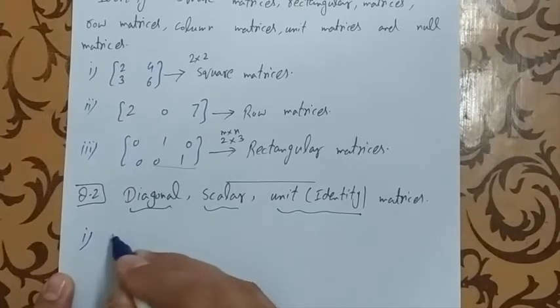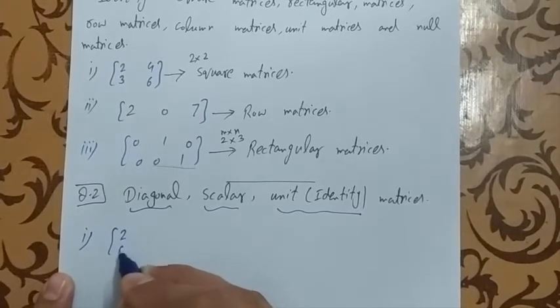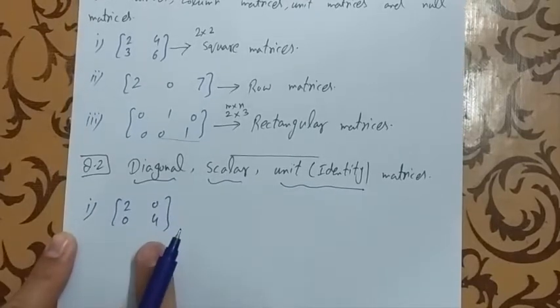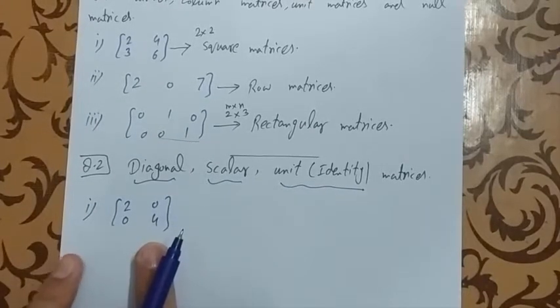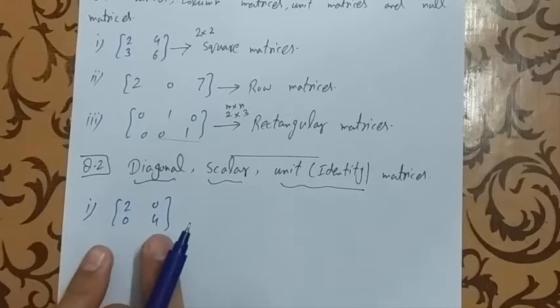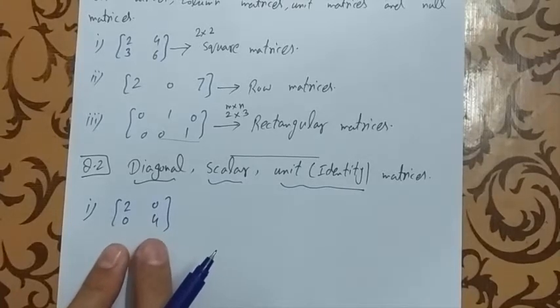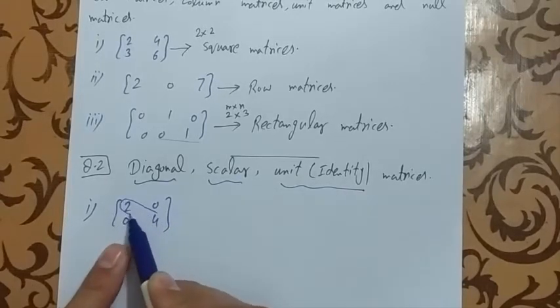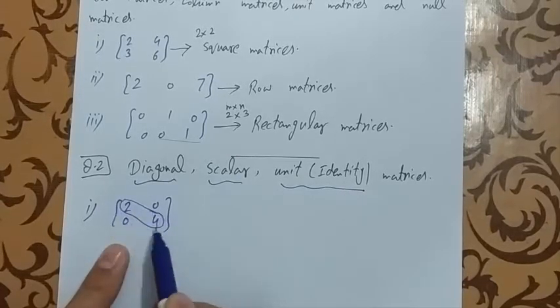The first problem is 2, 0, 0, 4. Students, you already studied in the previous lecture that this is a diagonal matrix because this is the principal diagonal.